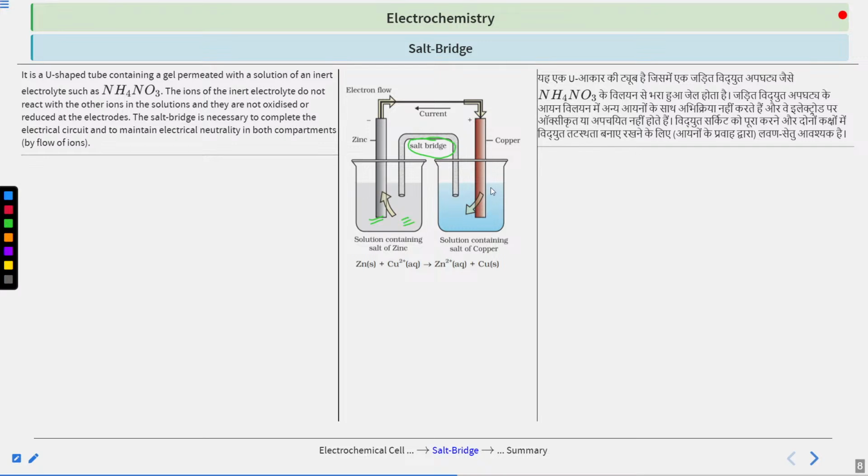Now similarly, the electron goes from here, moves on to here and comes here. When this electron comes here, the copper solution that we have contains Cu2 plus. That Cu2 plus takes electron from this metal surface.